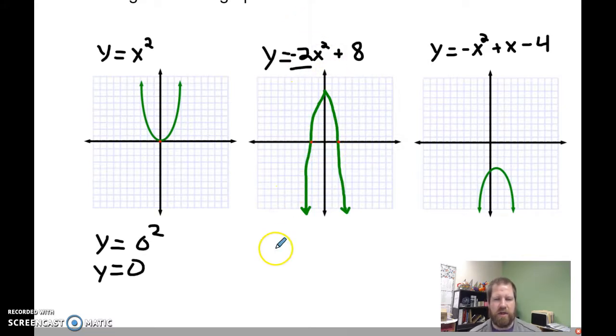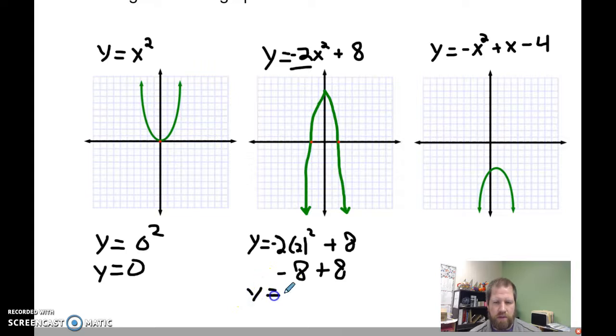All right, and so if I check that, I'm going to say y equals -2 times 2 squared plus 8. 2 squared is 4, times -2 would be -8 plus 8, and yeah, that would be y equals 0. Okay, and if I look back through, if I change this to -2, I'd have -2 squared is still +4, so both +2 and -2 are my zeros.